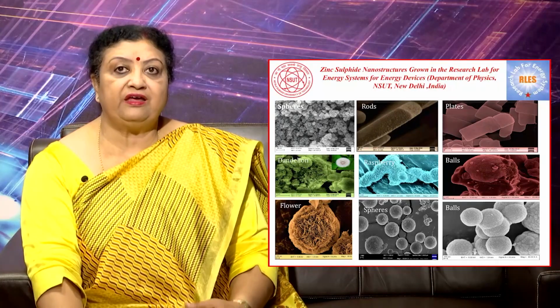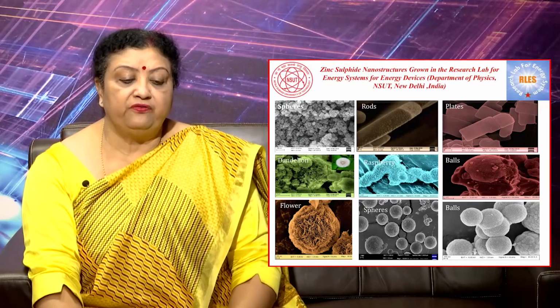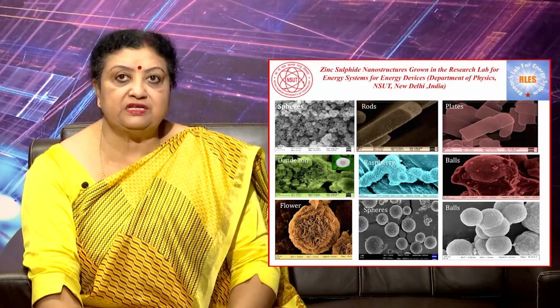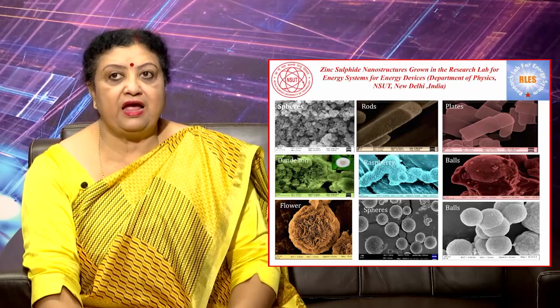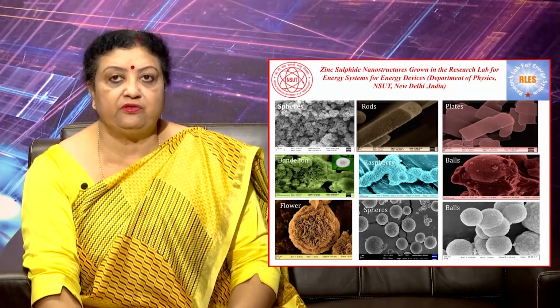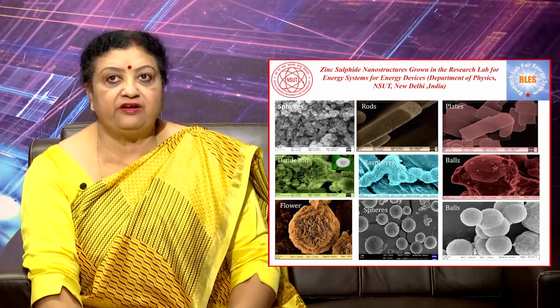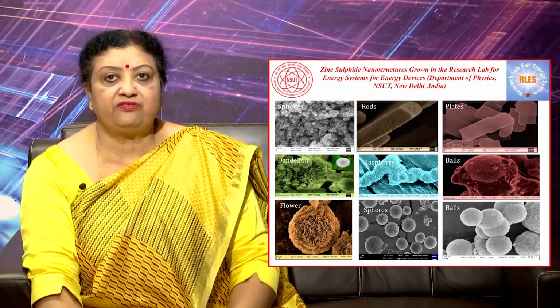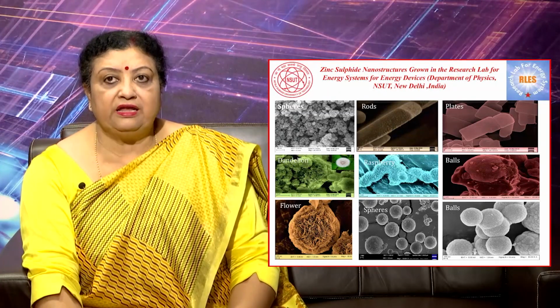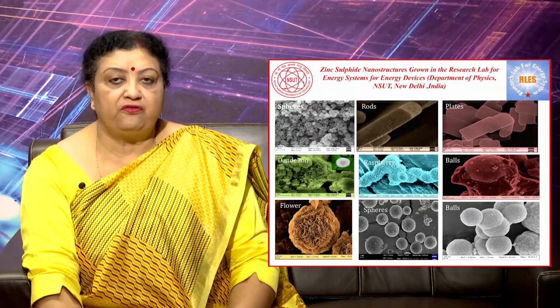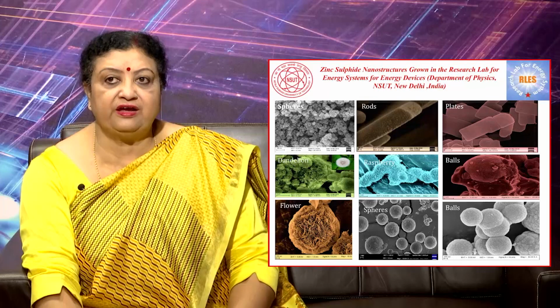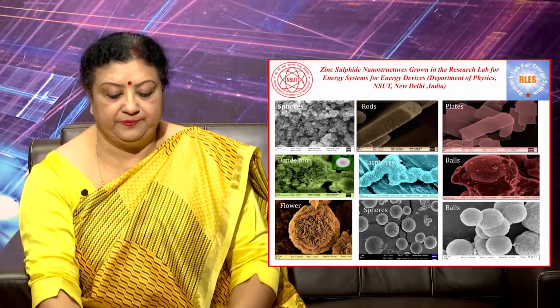These are the various nanostructures which have been grown in the research lab for energy systems and energy devices at the Department of Physics, NSUT, Delhi. The spheres, rods, plates, dandelion, then the raspberry structure, ball-like structure, flower-like structure, spheres and balls as well.